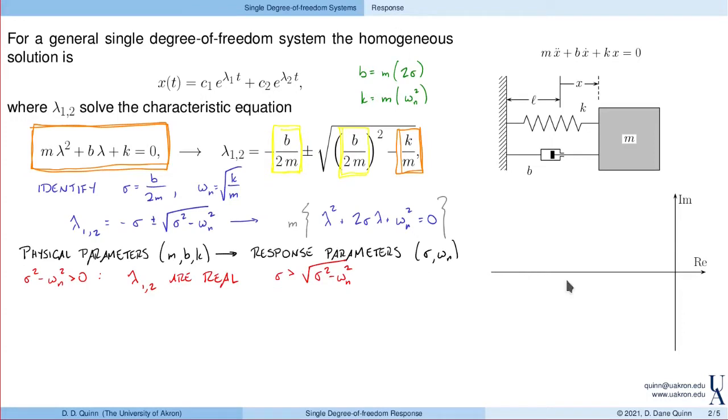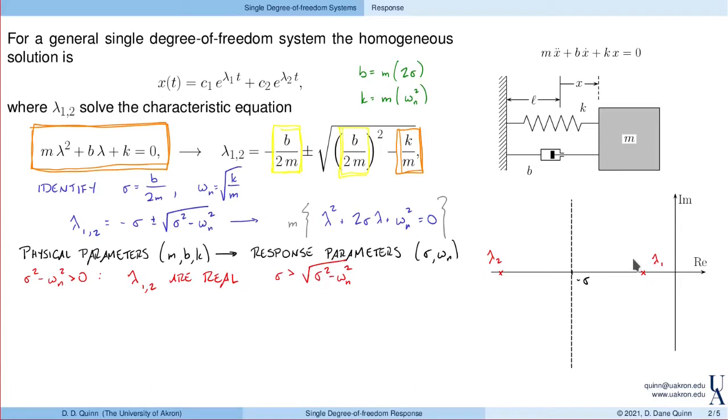So let's go and plot those on our real and imaginary complex plane. Right, so I'll note the point here that is at minus sigma. Then these two, we'll call them eigenvalues, are at minus sigma, and then plus this quantity and minus this quantity. Right? So I might have 1 over here at lambda 1, and then I might have the second lambda 2 over here. I'll draw a line where this value of minus sigma is.